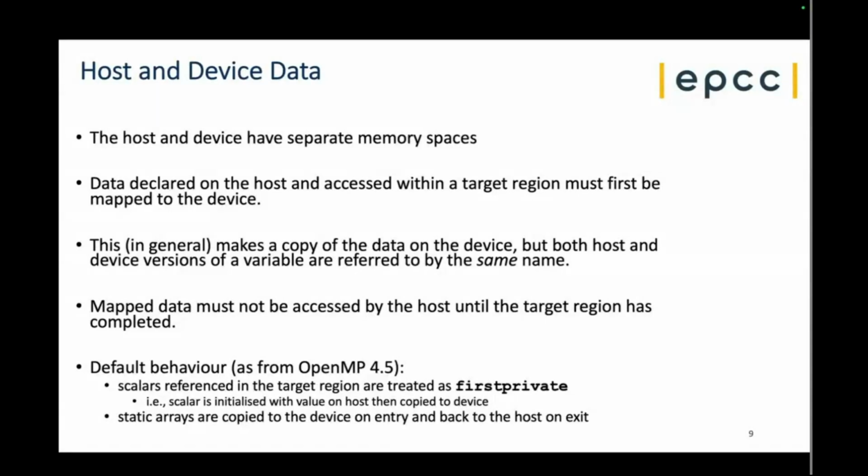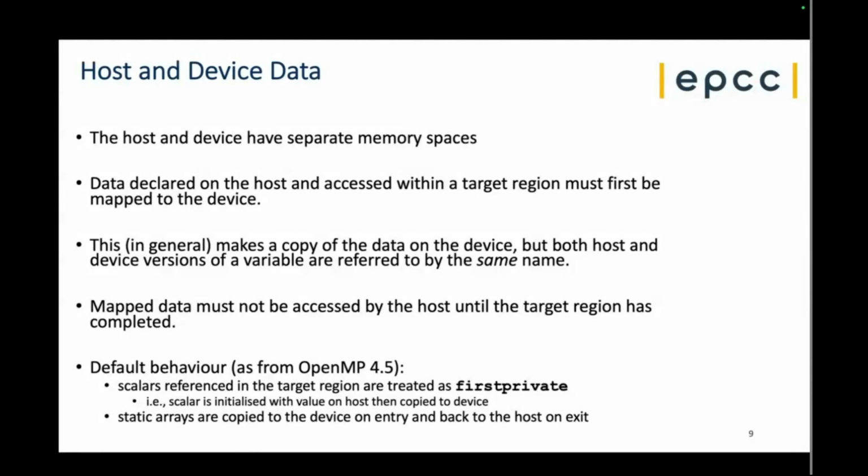Now, OpenMP is kind. By default, it will try to map and do all the data movements behind the hood for you. At least from the 4.5 OpenMP standard, by default, if you have some scalar variable, it will consider it to be firstprivate.